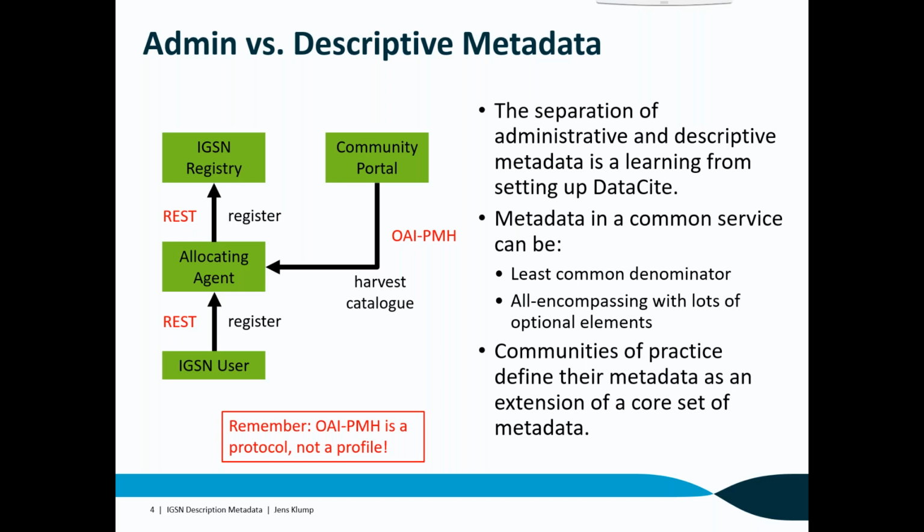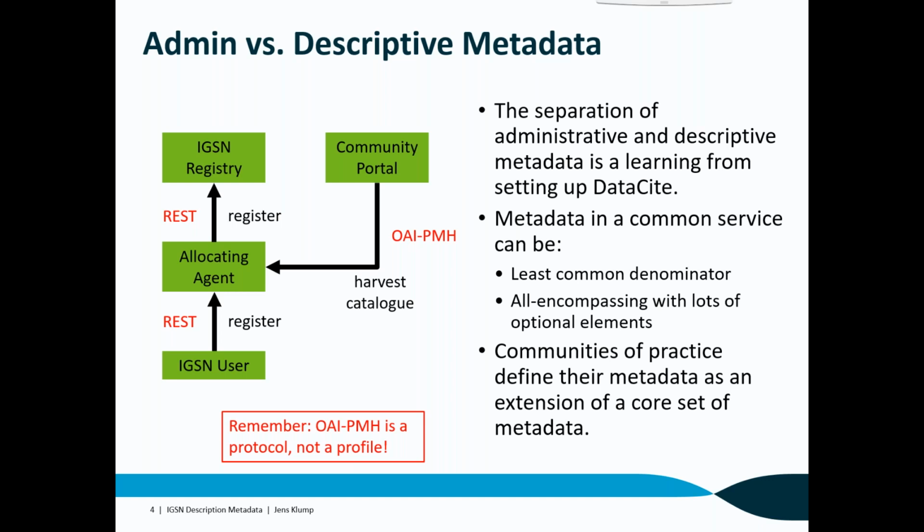What I thought was that if you only offer one metadata schema, that is kind of limiting, because if you want to offer metadata as a common service, you either have to come to a least common denominator, which might be fairly poor, or you have to make it all encompassing with lots of optional elements and quite complicated. And people don't like that because they see that as too complicated, and with too many empty fields, it also is just as useless or useful depending on what you want to do.